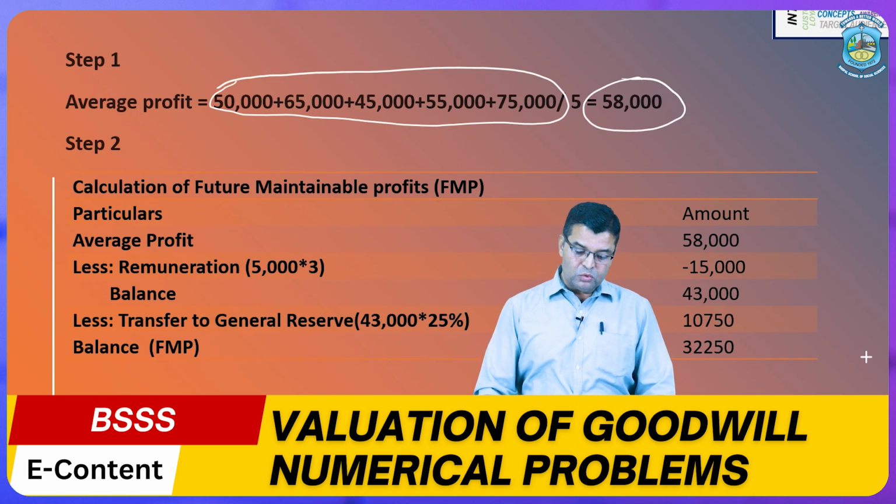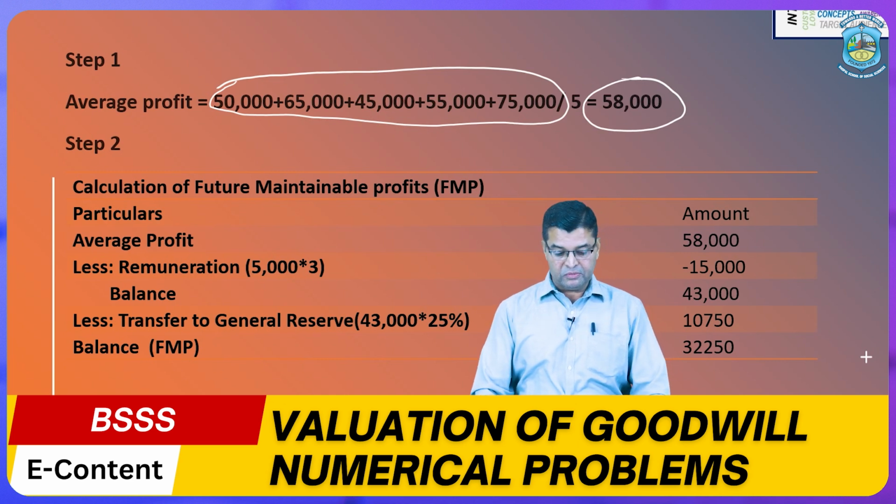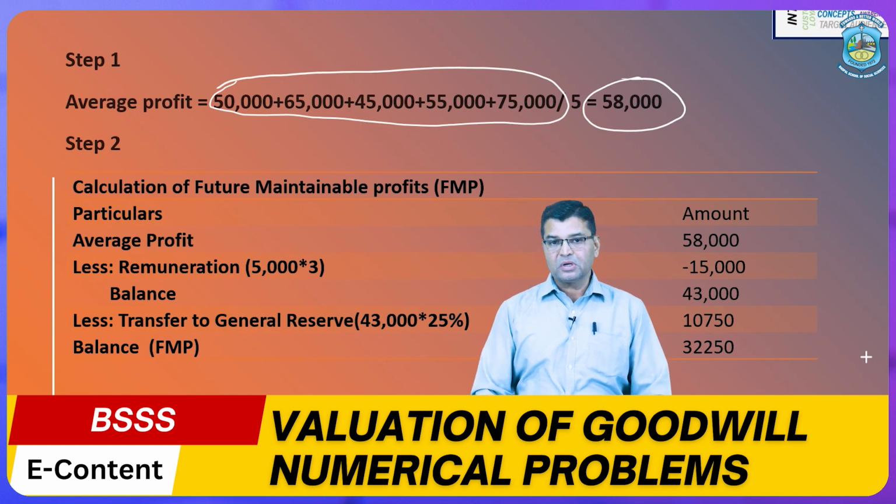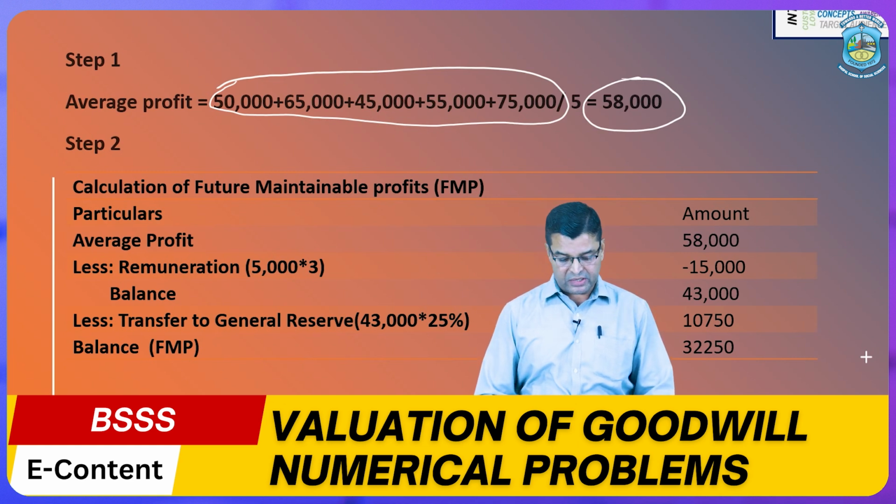now we are going to calculate the future maintainable profit, which is called FMP. The average profit we have already calculated is rupees 58,000, out of which the directors' remuneration will be subtracted, that is 5,000 into 3 directors. So ultimately 15,000 rupees must be subtracted, and the balance left is 43,000 rupees.